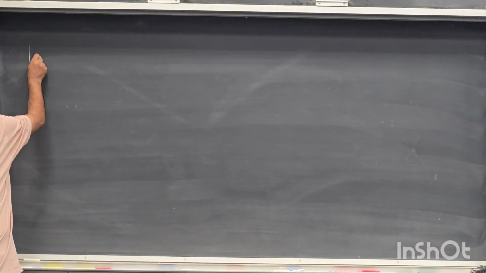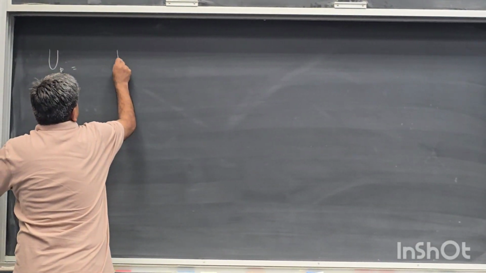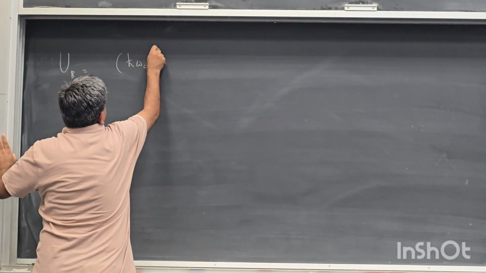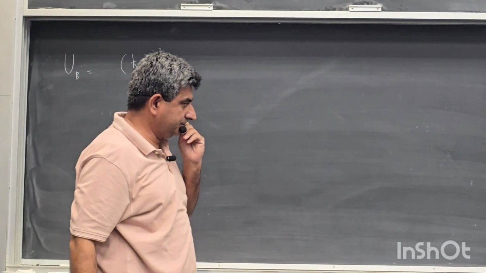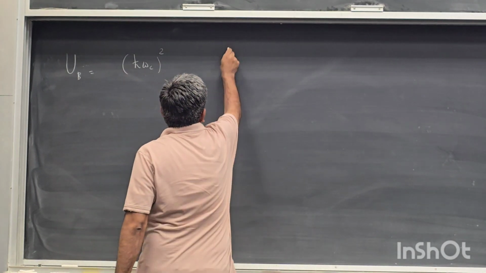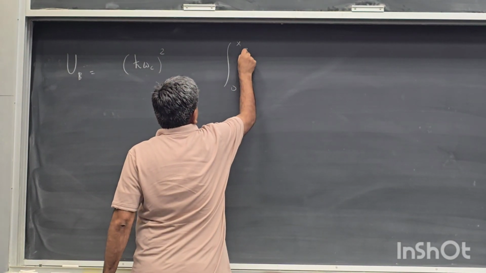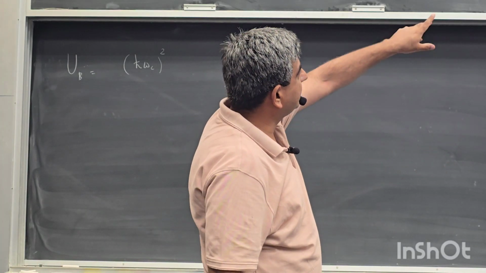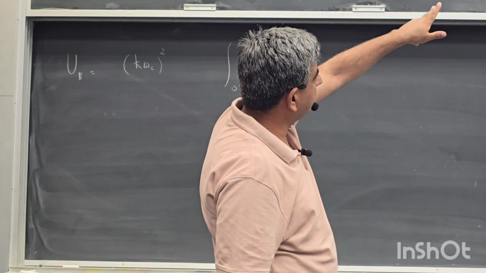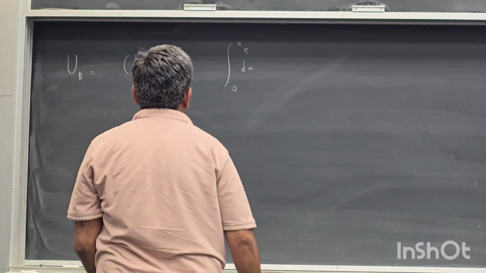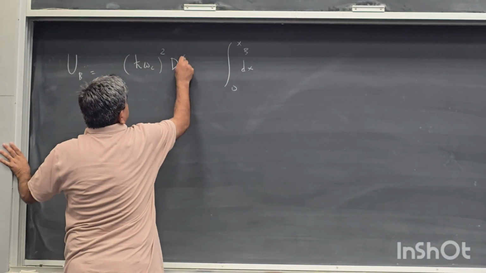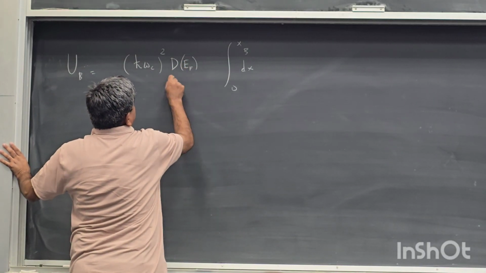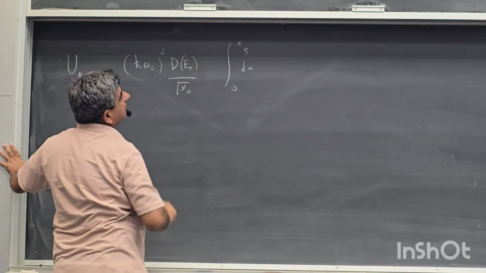UB must equal h bar omega c whole square, 0 to xb dx. Now dbx I just take from over there, def x bar square, right?